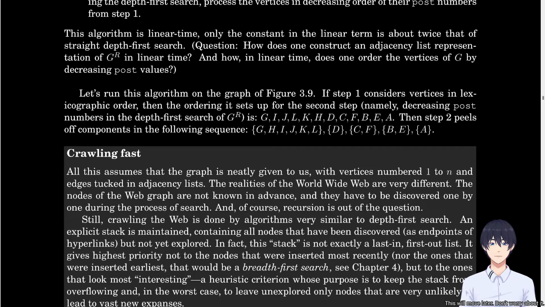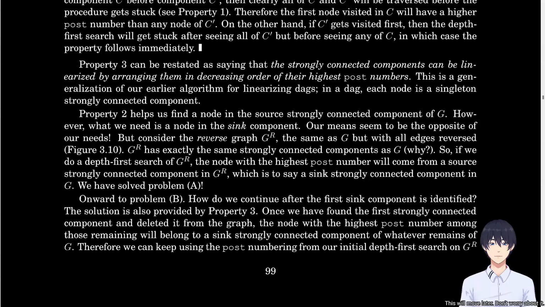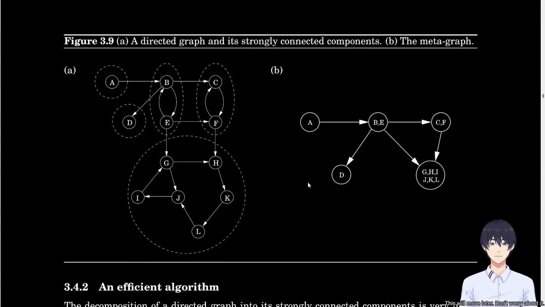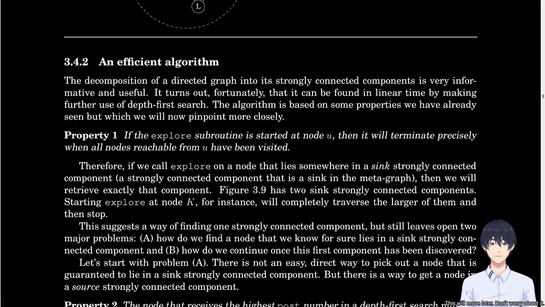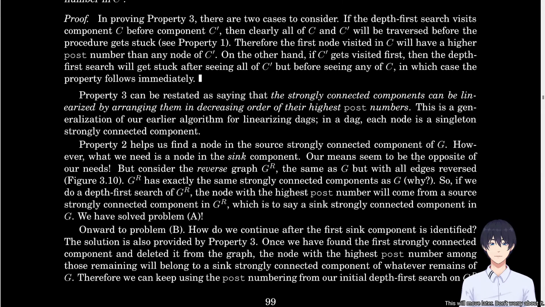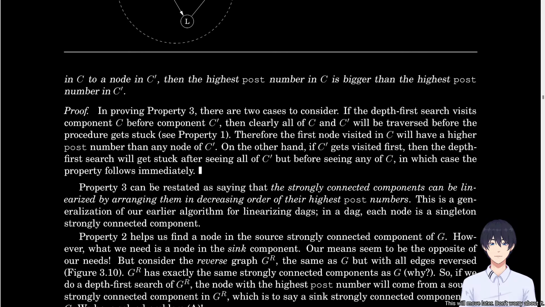Let's run this algorithm on the graph of figure 3.9. If step 1 considers vertices in lexicographic order, then the ordering it sets up for the second step is this. 3.9. I am not convinced, man. Okay. It's too bad I can't click on these. Jump around.